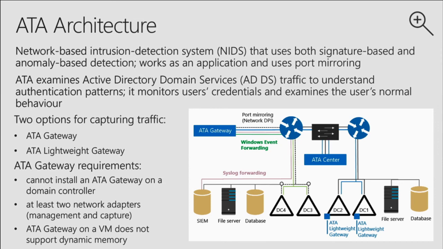You can install directly on a domain controller the ATA Lightweight Gateway, monitoring directly the logon attempts, for example, on a domain controller, or install the ATA Gateway, which serves more domain controllers. You are not installing this on a domain controller, but instead it's using the port mirroring feature, and is logging all events related to access to the network, Active Directory, authentication, and so on.